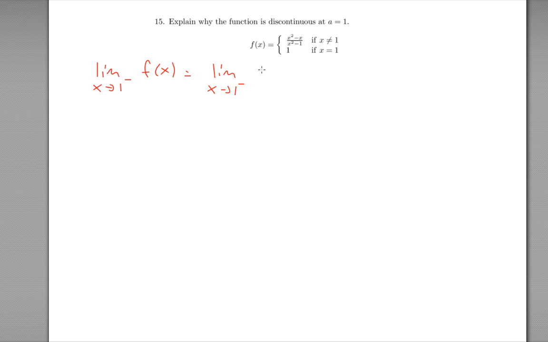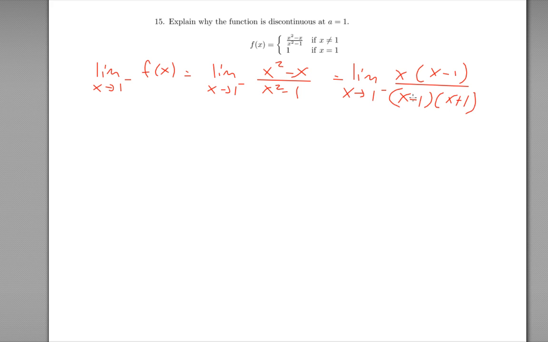We must use this version of the function, x squared minus x over x squared minus 1. And I can actually factor this. This is the limit as x goes to 1 from the left of x times x minus 1 over x minus 1 times x plus 1. Okay, so these x minus 1s cancel, and now I can just plug in the 1, and I get 1 over 2.